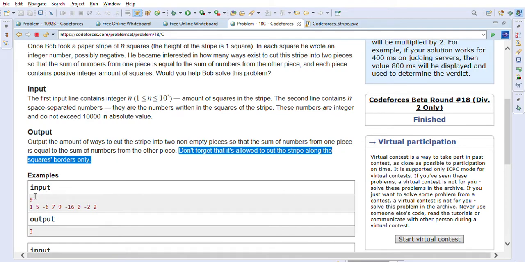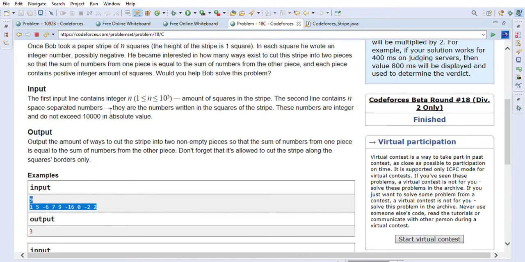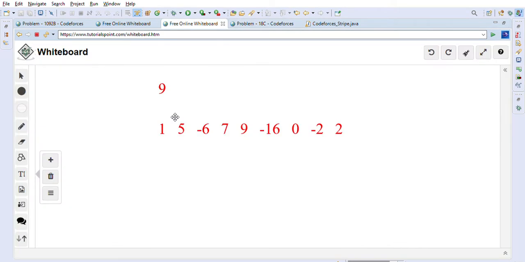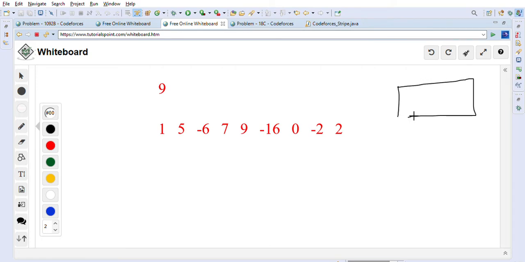So let's take this first example and first try to understand what the problem is. Let's take this example on the whiteboard. Basically, we'll first understand the problem and then look into this example. Let's say for example there are two pieces in the stripe.